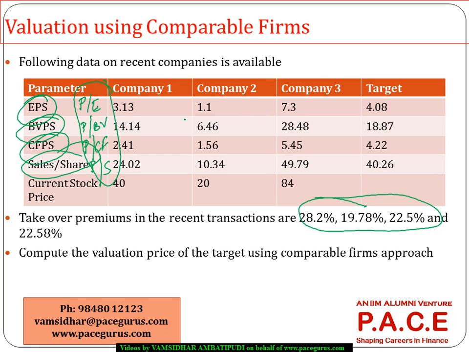So here all the calculations are made based on the current data, assuming that the current data is a good reflection of the market price of all my competitors. Under such kind of assumptions, I am moving further in terms of valuing my target firm. So let's see, if at all the EPS of all the competitors is given something like this. The book value per share of the competitors, 1, 2, 3.